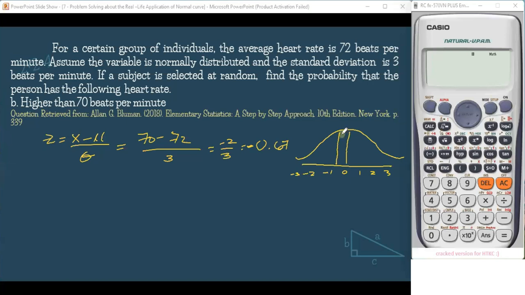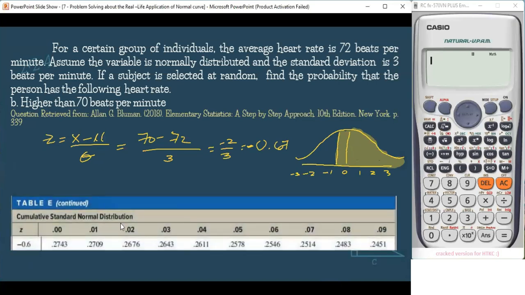So from here to here is the area or the probability that we will look for. Now, to find the area, we need to look at our table. In our table, negative 0.6 and 0.07, their intersection is 0.2514.